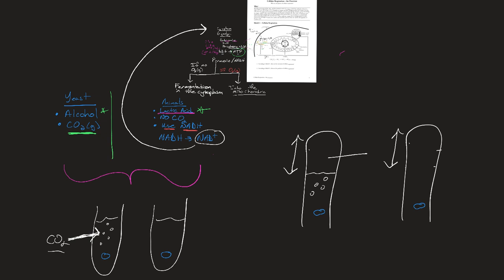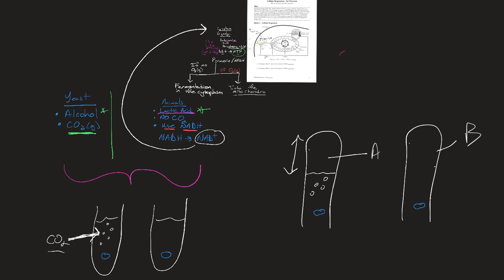One of the test tubes has the cell there, same conditions, everything's the same, but there are no bubbles, so there's no space. The test tube is completely filled. So a real simple question is, A or B, which one's an animal cell and which one's a yeast cell?